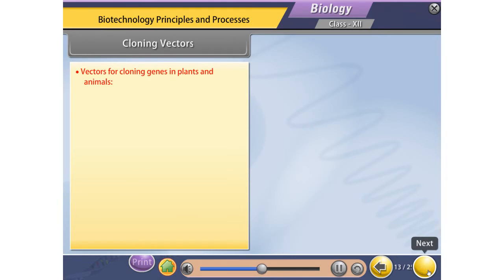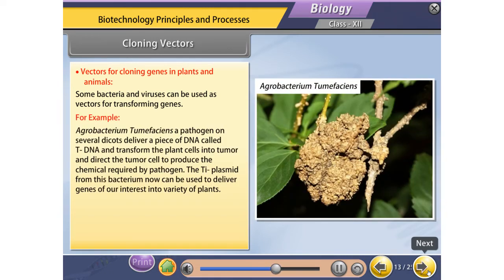Vectors for cloning genes in plants and animals. Some bacteria and viruses can be used as vectors for transforming genes. For example, Agrobacterium tumefaciens, a pathogen of several dicots, delivers a piece of DNA called T-DNA and transforms the plant cells into tumor cells and directs the tumor cells to produce the chemicals required by the pathogen.